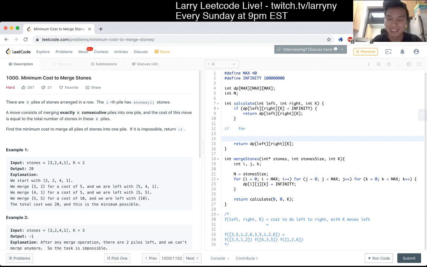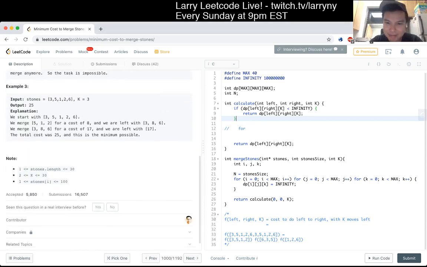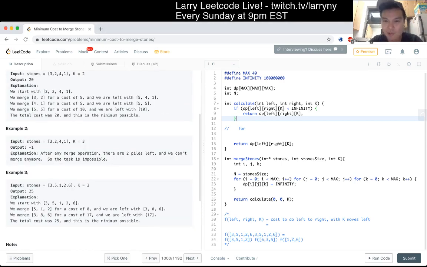Okay, let me think a little bit. I think this is probably the way to go, but I don't know how to do the subproblems.